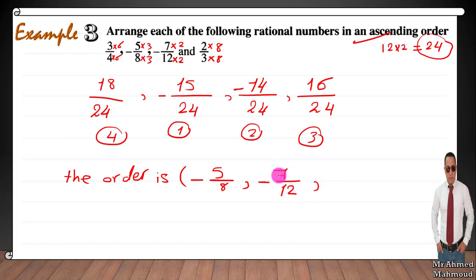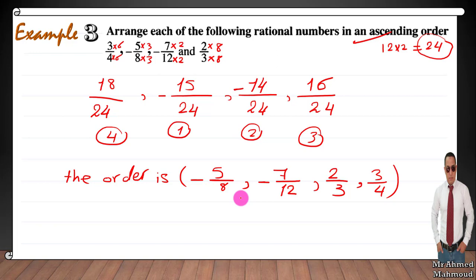And number 3, 16 over 24, which is 2 over 3. Finally, 18 over 24, which is 3 over 4. Don't forget, you have to write the original forms of the numbers.